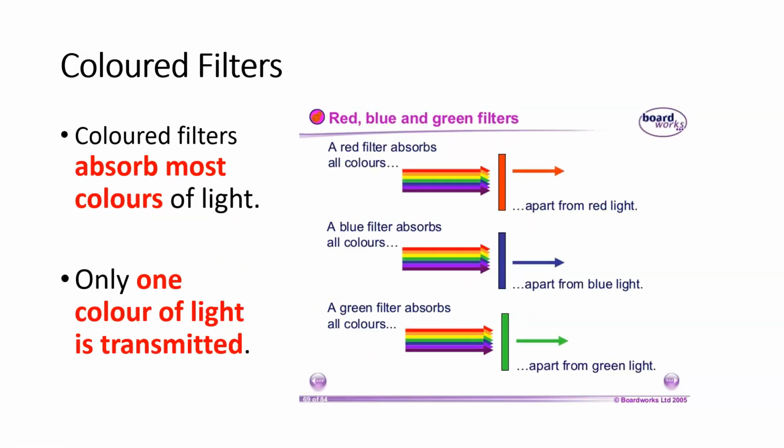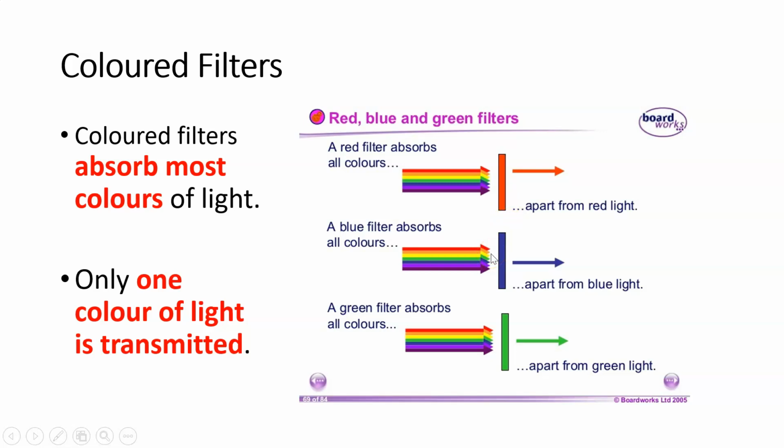All right, so if we start to look at filters now, as we looked at solid objects, color filters will absorb most colors of light, and they only allow one color to be transmitted or to pass through. So in these three examples here, I'm starting with the red one, and these little rectangles represent filters.